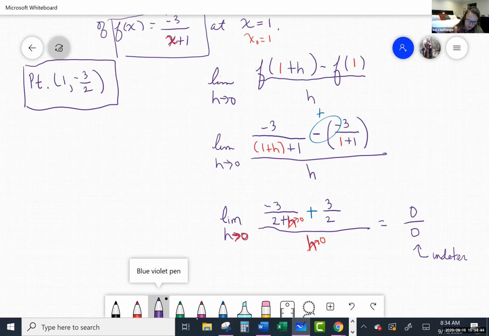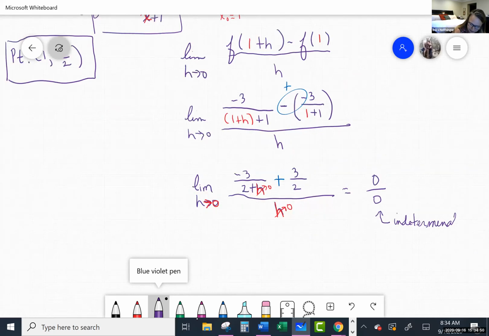So let's go back to where we had simplified it. If we look at the limit as h goes to 0 of negative 3 all over 2 plus h, plus 3/2, all over h.